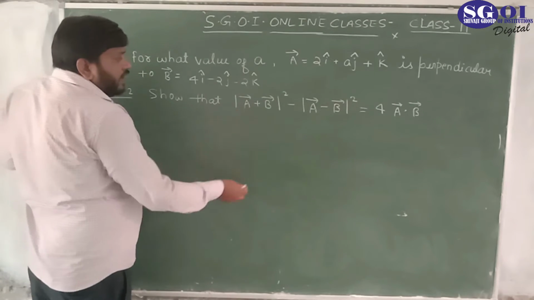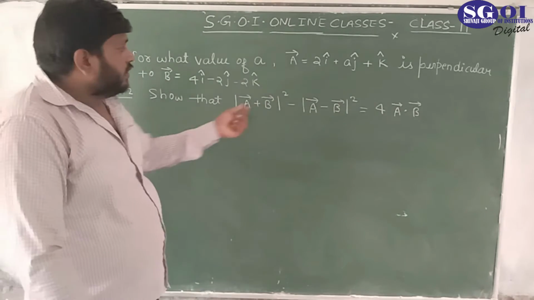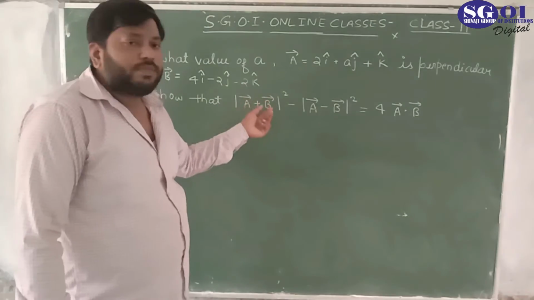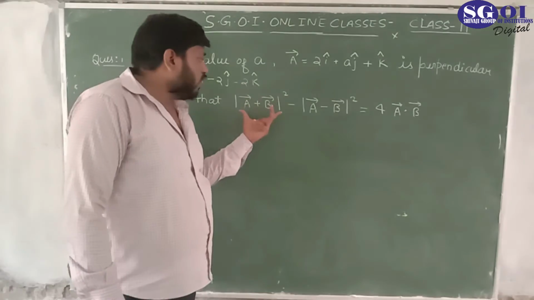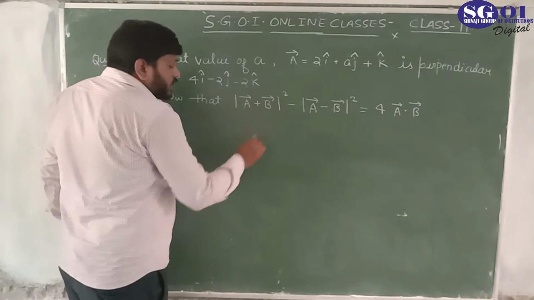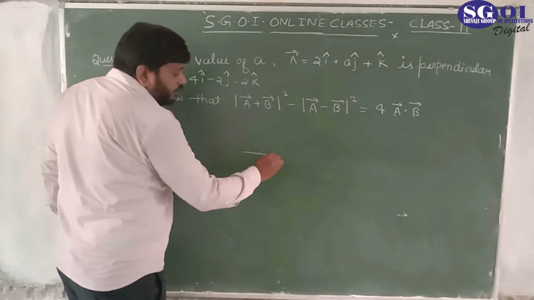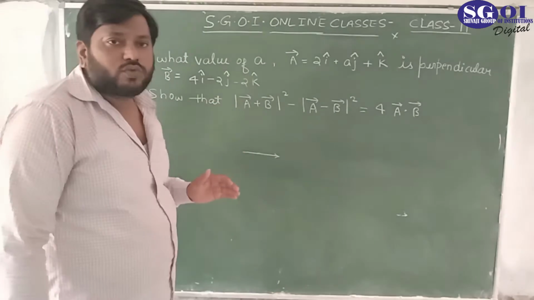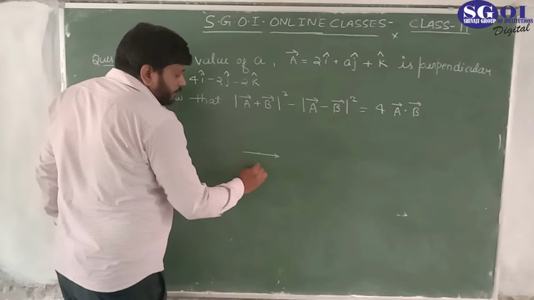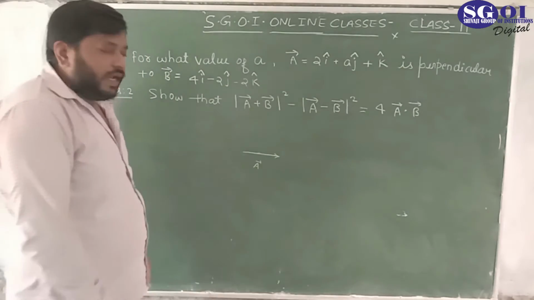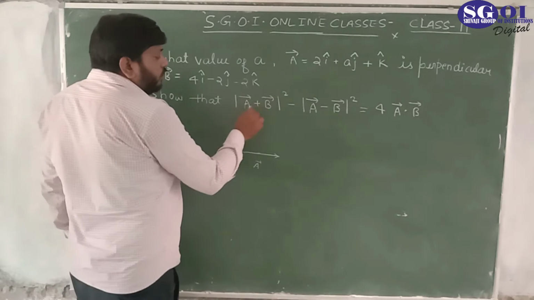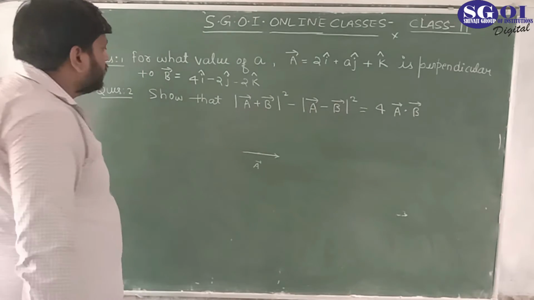Let's understand that here we cannot use the formula a square plus b square plus 2ab, because this is the mod of two vectors, a plus b. Why would we not use a square plus b square plus 2ab here? Let's say this is vector a, and we are interested in adding two vectors graphically.